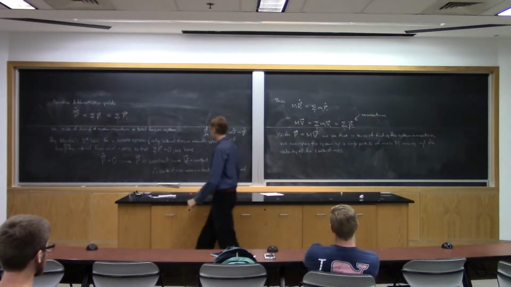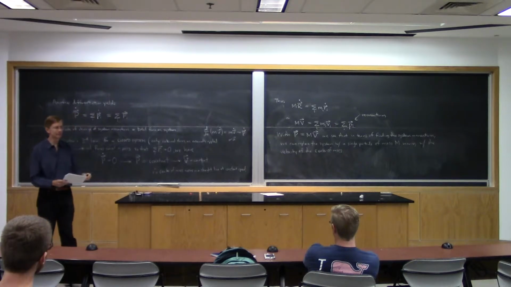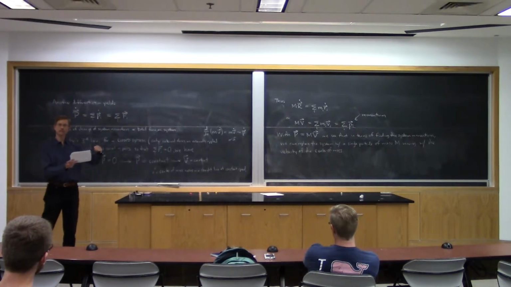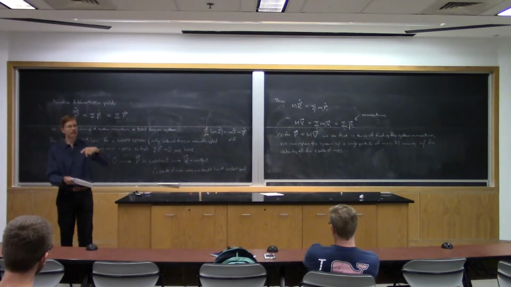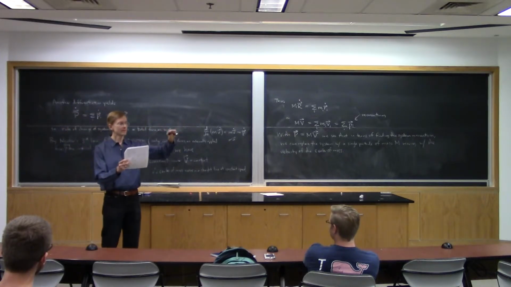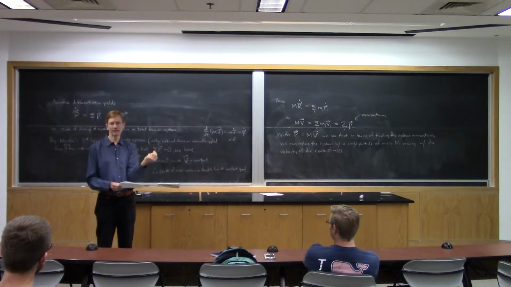And the relevance for us is that for our two-body system, we can just adopt a frame of reference where the origin is sitting at the center of mass. As seen from any other inertial frame, that center of mass is moving in a straight line at constant speed, but as seen in the frame where that is the origin, the center of mass is just sitting there.